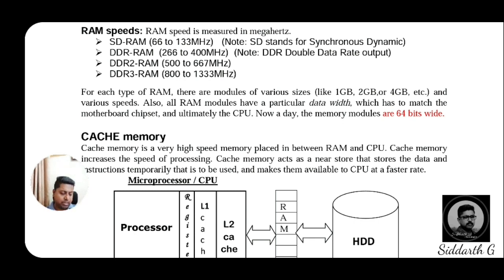One thing, dear students, you should remember: in operating systems we have two types, the 32-bit operating system and the 64-bit operating system. These kinds of RAM support either 32-bit or 64-bit operating systems. For each type of RAM there are modules of various sizes: 1 GB, 2 GB, 4 GB, 8 GB RAM.